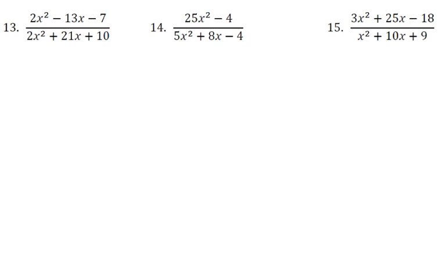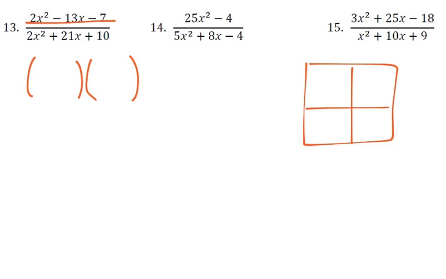So we're doing the same type of stuff here. So we simplify the top just by factoring it. And we get something. So it would be 2x squared, negative 7. Factors of 2 times negative 7 is negative 14.